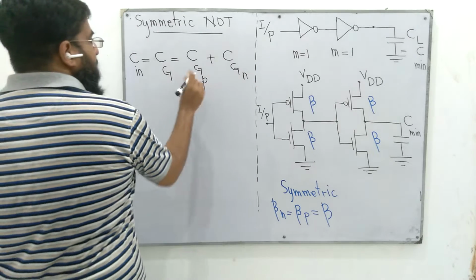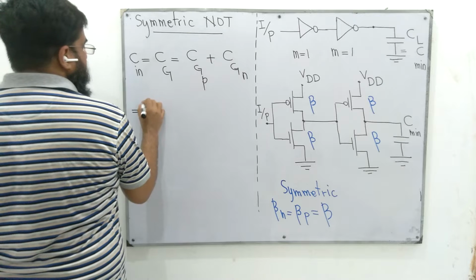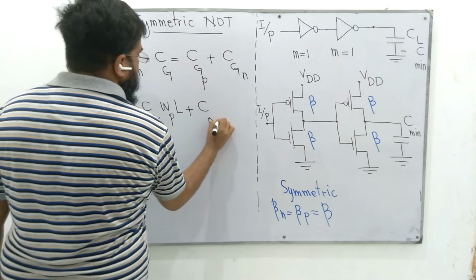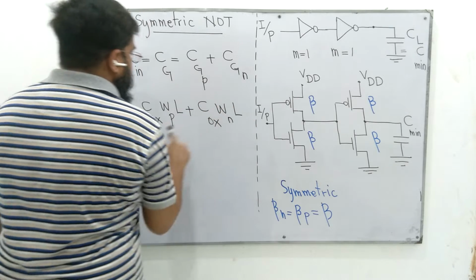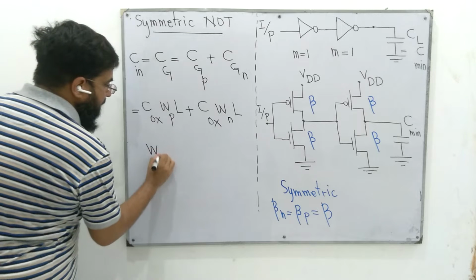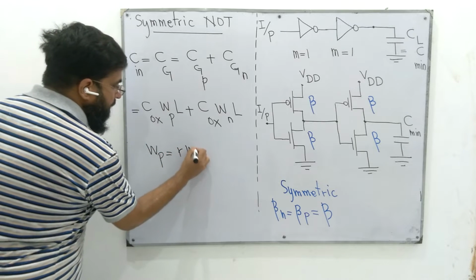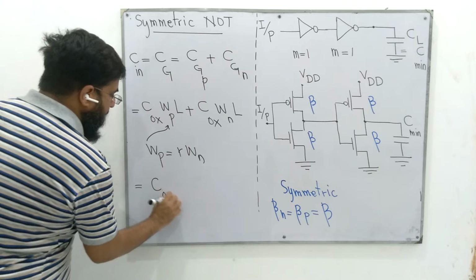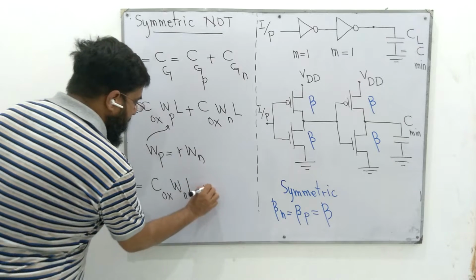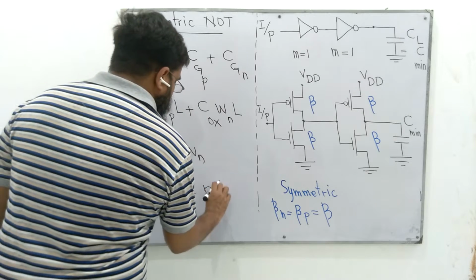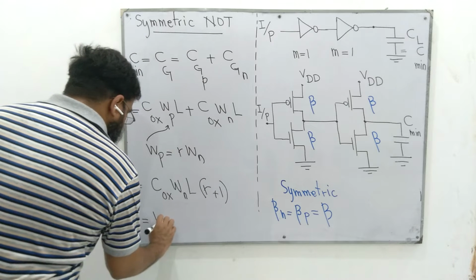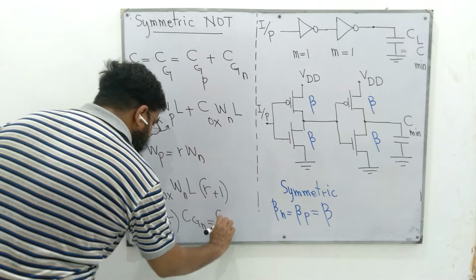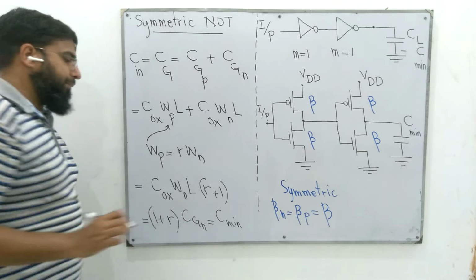If it is symmetric, then the gate capacitance is C oxide W P L plus C oxide W N L. If it is symmetric, W P is the mobility ratio r times W N. If you plug it here, it becomes C oxide W N L times r plus 1, or it is 1 plus r times C G N. For this lecture, we call it the minimum capacitance.